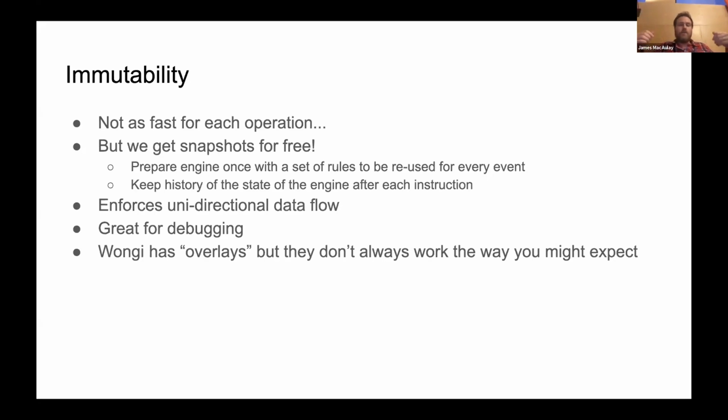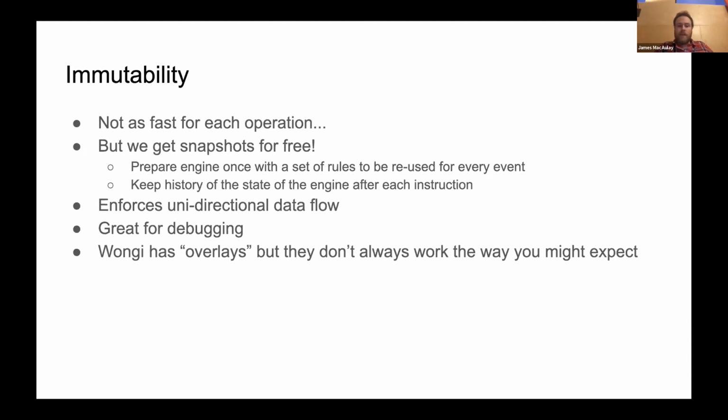So in my implementation, those changes are transformations of persistent immutable data structures. That isn't going to be quite as fast as working directly with mutable data structures. But some things are faster.